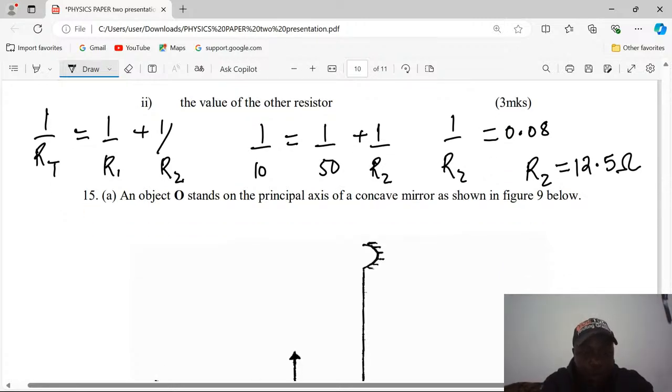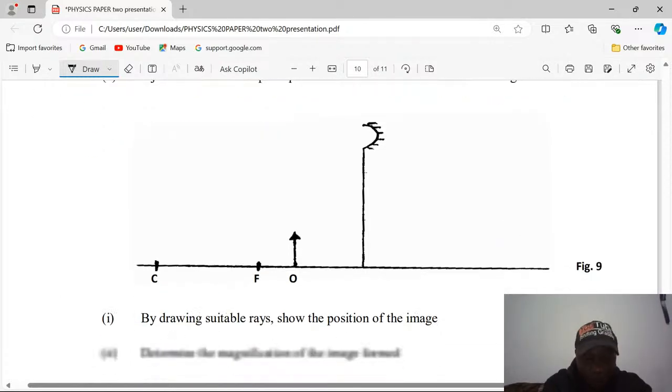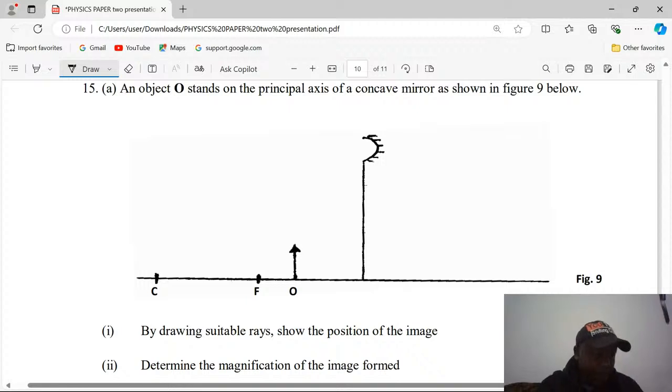An object O stands on the principal axis of a concave mirror as shown in figure 9 below. By drawing suitable rays, show the position of the image. For us to show the position of the image, we need to draw some suitable rays. Mark the word suitable. For a concave mirror, if a ray is close and parallel to the principal axis, it is reflected through F, the principal focus.